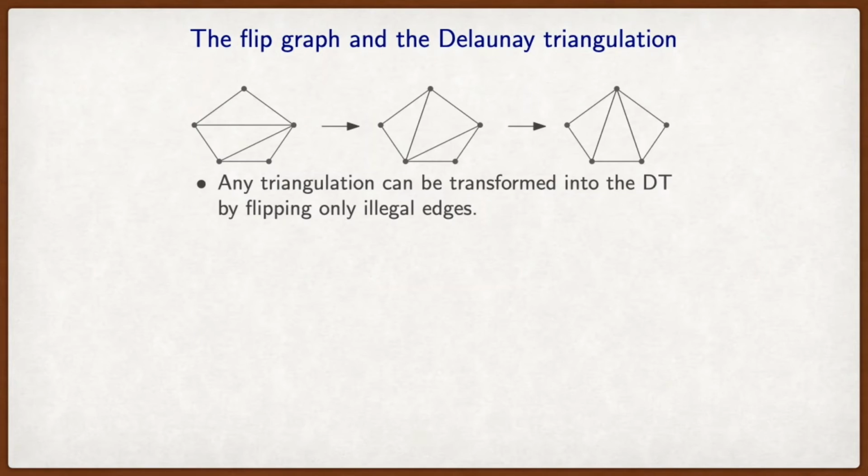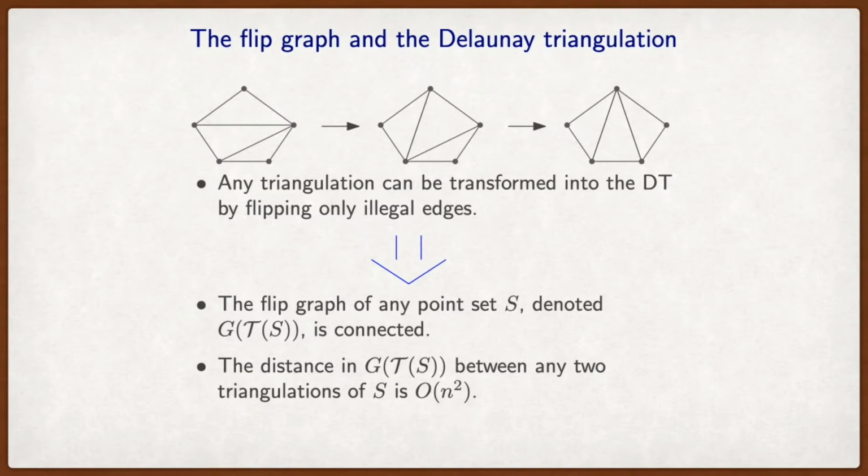A big result about flip graphs and the Delaunay triangulation is that any triangulation can be transformed into the Delaunay triangulation by flipping only illegal edges. This gives several consequences, such as that the flip graph of any point set S is connected, and the distance in between any two possible triangulations of such point set in the flip graph is at most n squared.